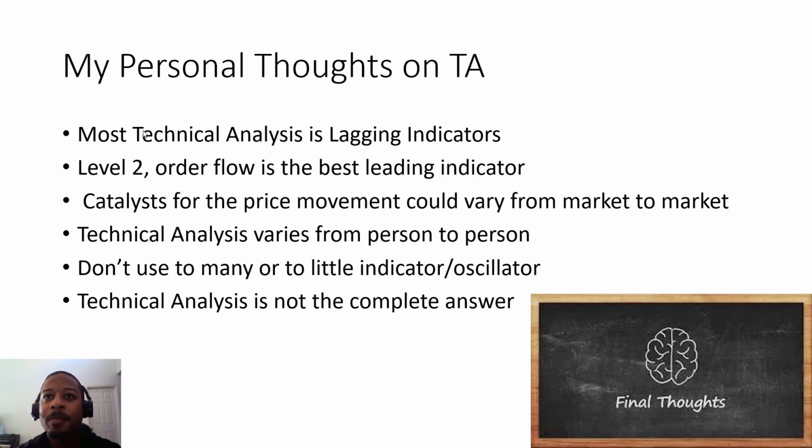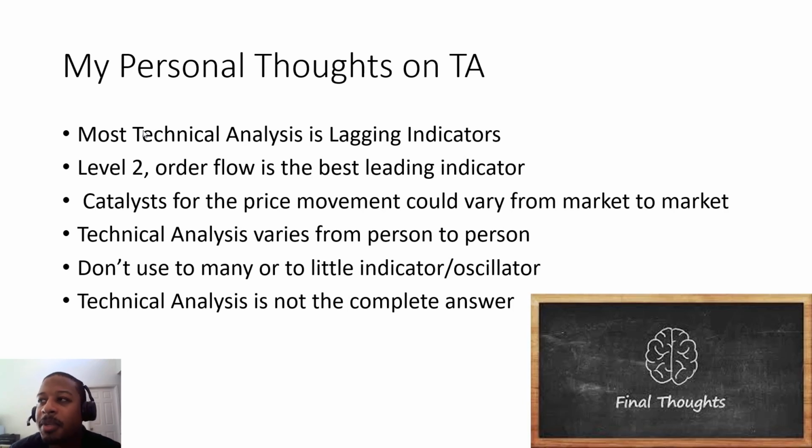Remember, catalysts for the price movement could vary from market to market. The reason for the price change in the technical analysis, especially if it doesn't go your way, can be for a variety of different things. A catalyst is what drives price movement, and those catalysts can vary from market to market. Like if you're in Forex, price movement in Forex might not affect price movement in the stock market, or vice versa.